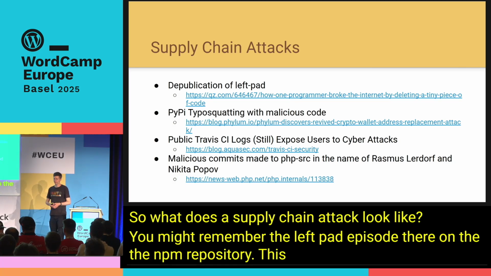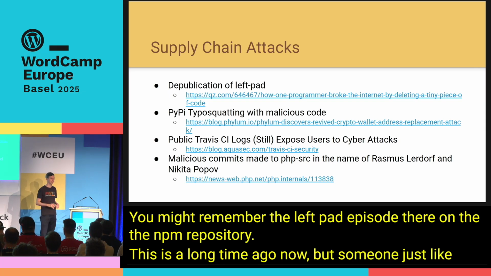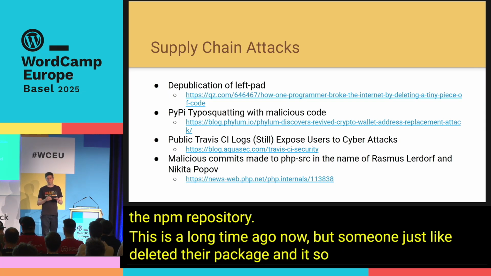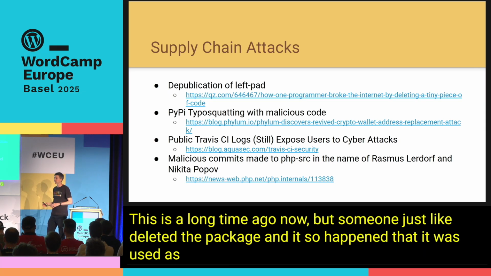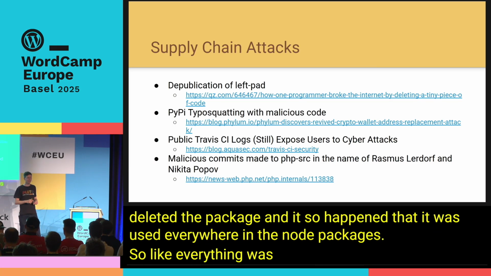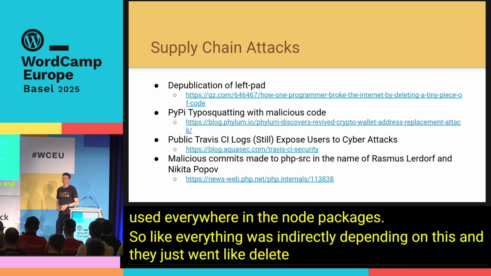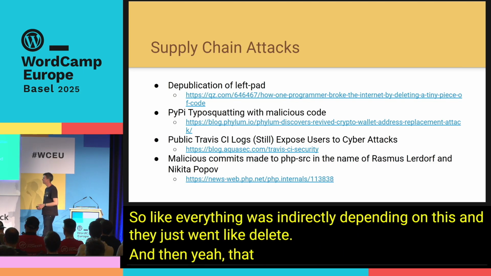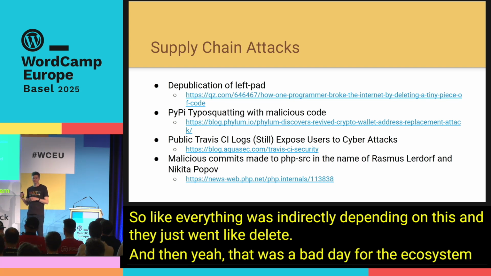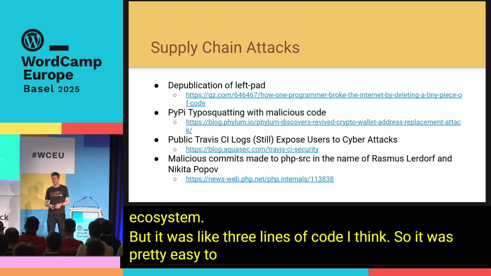This was a long time ago now, but someone deleted their package, and it so happened that it was used everywhere in the node packages. Everything was indirectly depending on this, and they just deleted it. That was a bad day for the node ecosystem, but it was like 3 lines of code, I think, so it was pretty easy to replace.